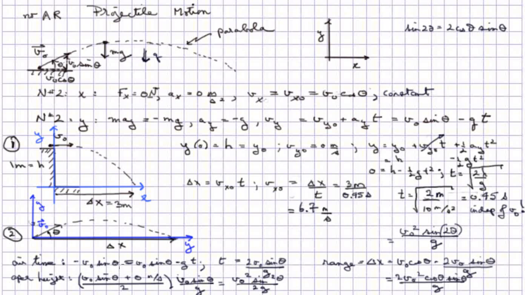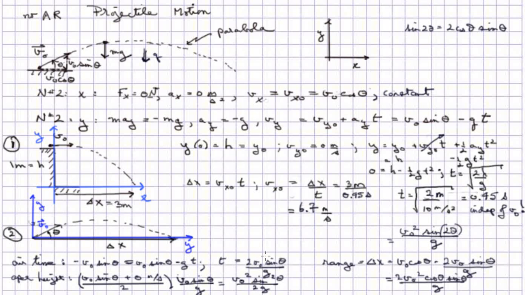And so the velocity just before it hits the ground is going to be minus v naught sine theta. This is the initial velocity minus g times t, which gives me an expression that I can solve for t, and this is going to be the air time. Solving this equation for t, I get t is equal to 2v naught sine theta over g.